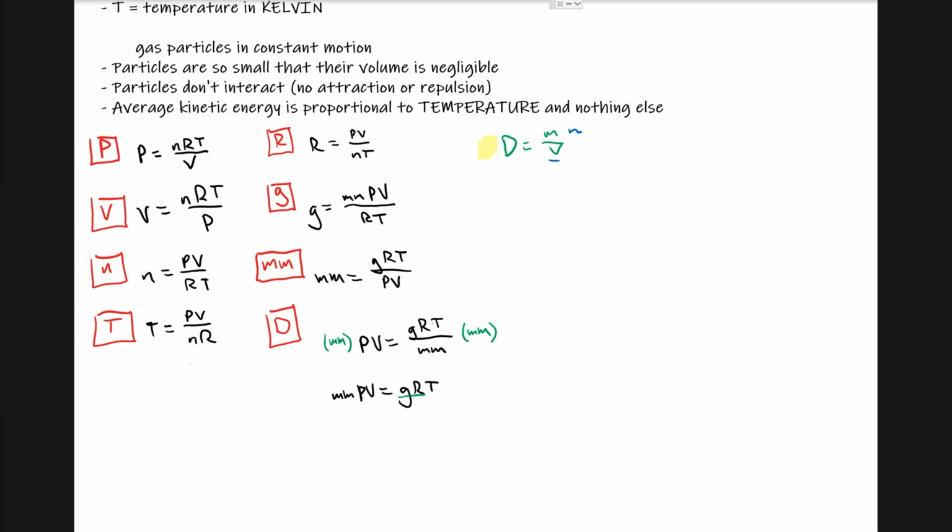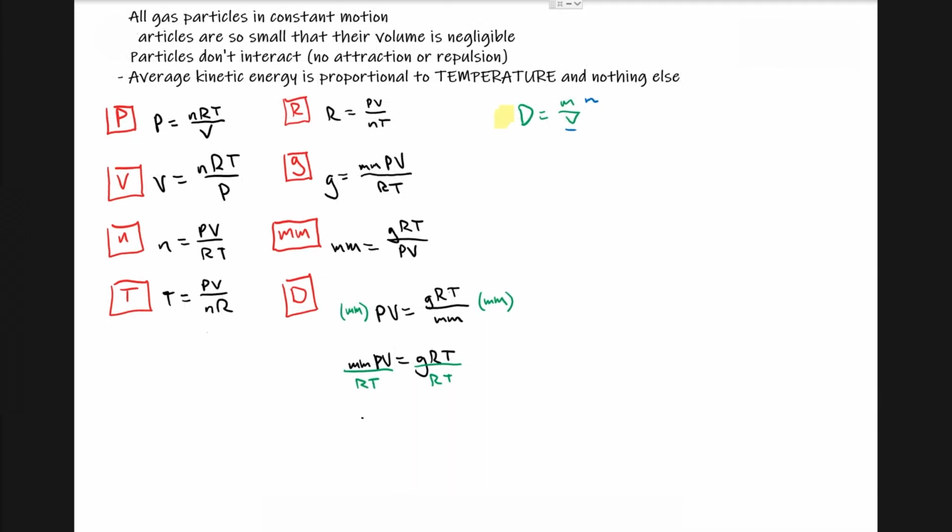Next up, we want to isolate G on one side of the equation. So we do that, and we're left with G equals MMPV over RT. Okay, we're almost there. Now all we need to do is to divide by volume on both sides. And look at that. We've done it.